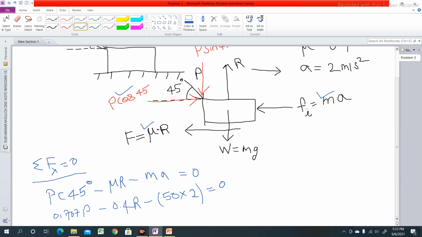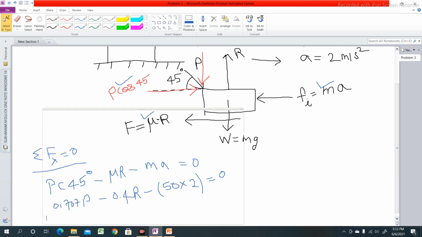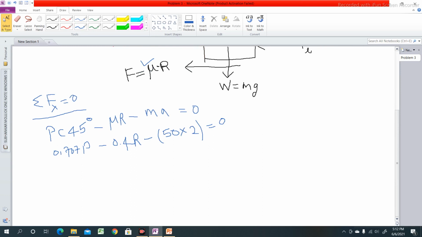So further you solve this equation. What will we get?